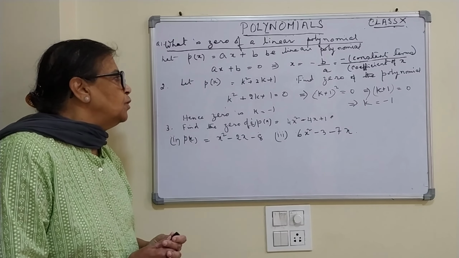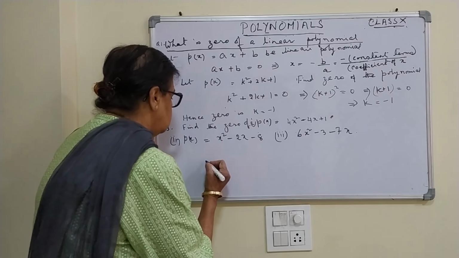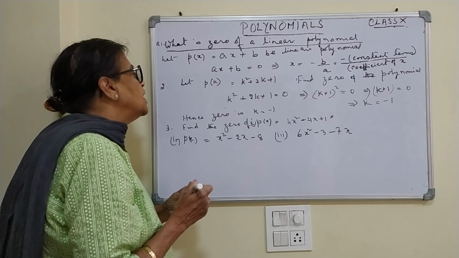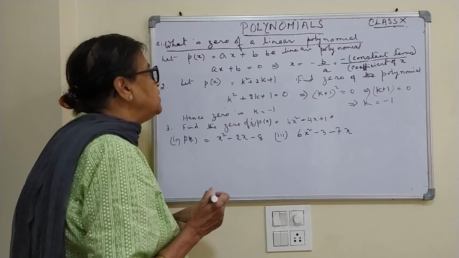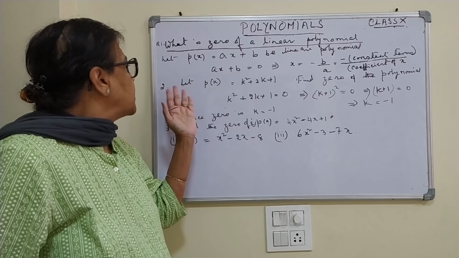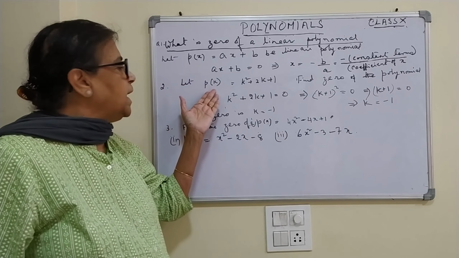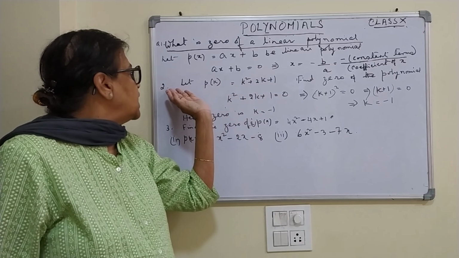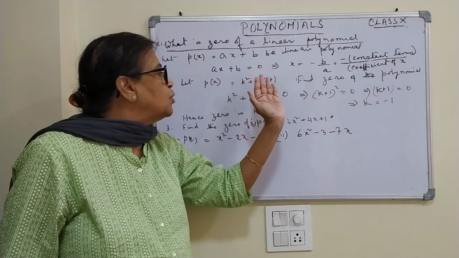We can solve with the same theory immediately, because in ninth we have done that. Let p of k be k square plus 2k plus 1, which is k plus 1 whole square. They have asked you to find out the zero of the polynomial.